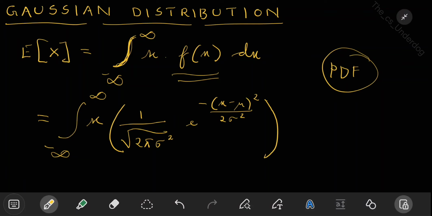So this is your probability density function into dx. This is what you have to solve in order to find the expectation.